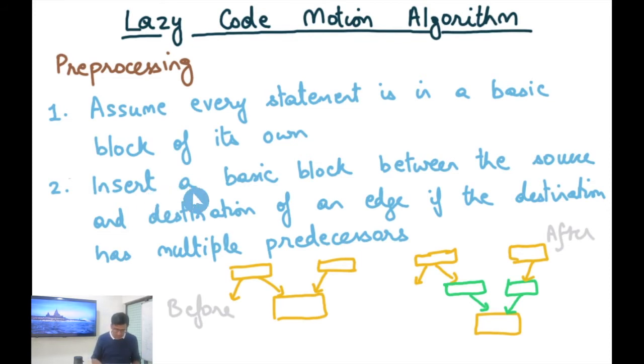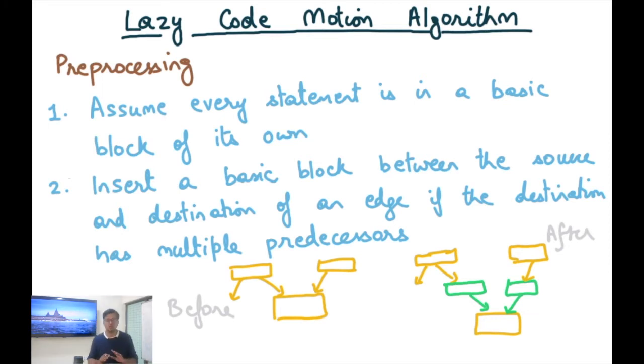And then we will insert a basic block between the source and destination of an edge if the destination has multiple predecessors. So for example, if this is a basic block that has multiple predecessors, then I'm going to insert an extra empty basic block on all the incoming edges. Any basic block that has more than one predecessor, I'm going to do this.